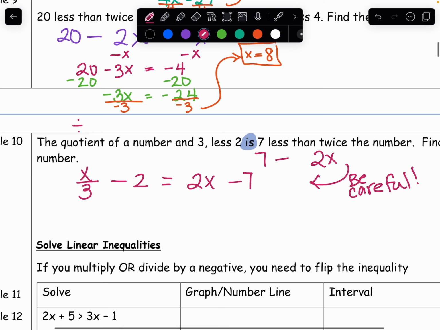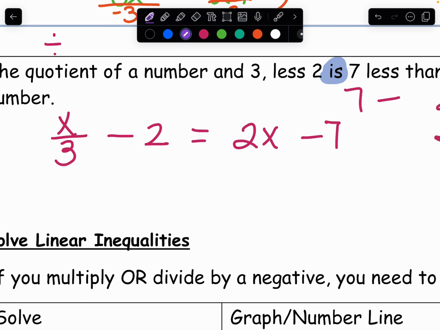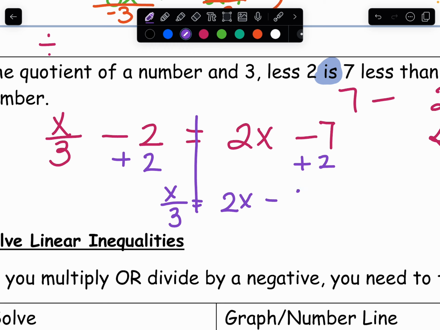Okay, so let's solve this. I am going to combine like terms first, so I'm going to add 2 to both sides, just so I can combine as many like terms as possible before dealing with that fraction. We want to clear out that fraction, and since there's only one fraction, our LCD is 3. So we're going to multiply both sides by 3. These 3's cancel out, giving us x equals.